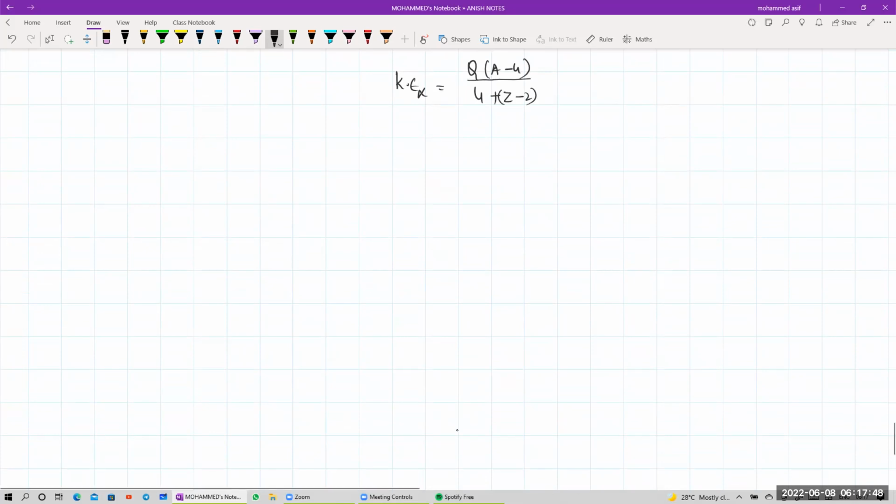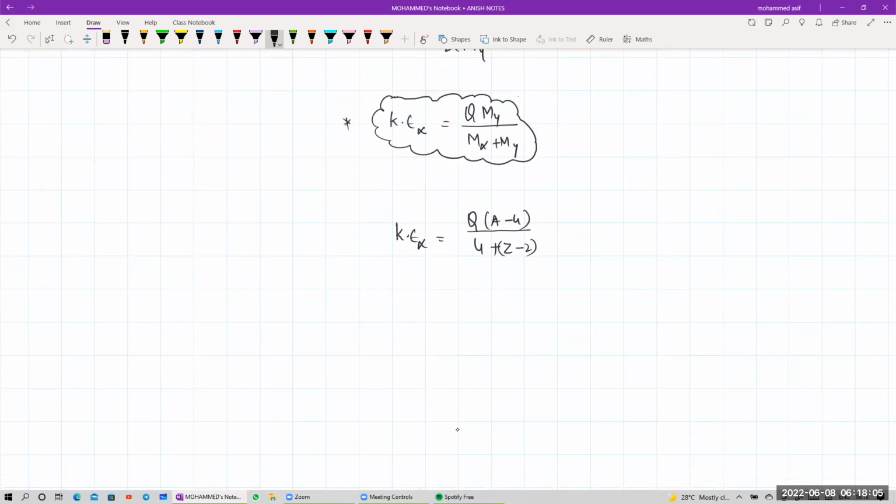What does it come to? Total mass, the total mass number, it comes to A. So mass of alpha particle plus mass of Y can be written as A. So you can even write this as A. So this is the kinetic energy of the alpha particle.